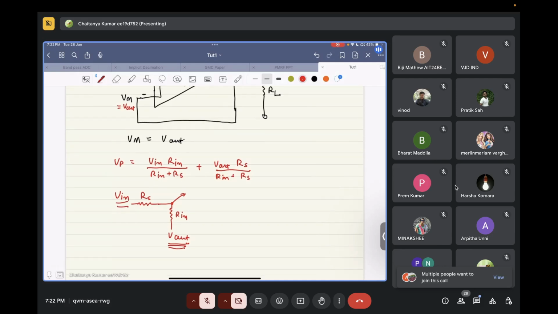So only due to V in, we have Rn divided by Rn plus Rs, and only due to V out, we have Rs divided by Rs plus Rn. So the overall voltage at this node will be as follows.